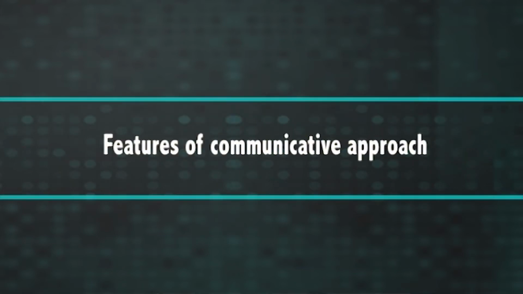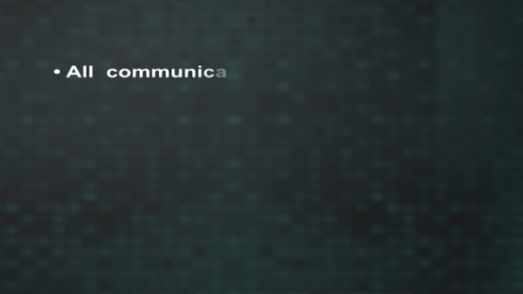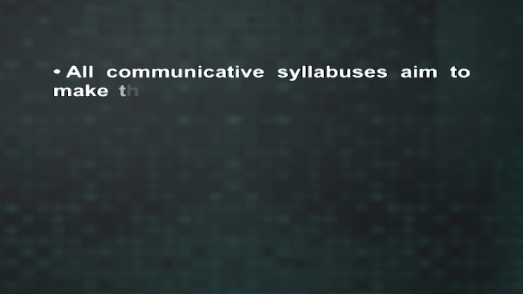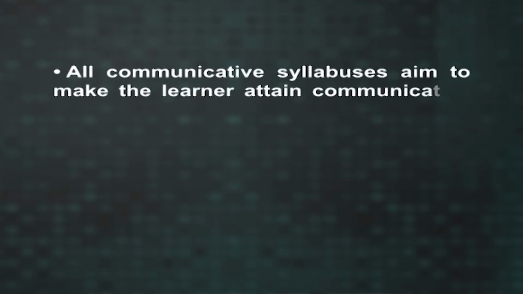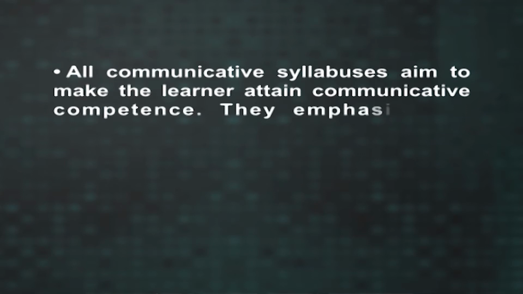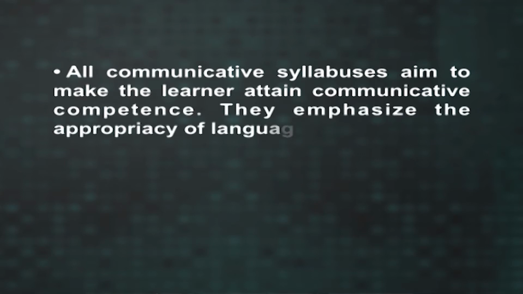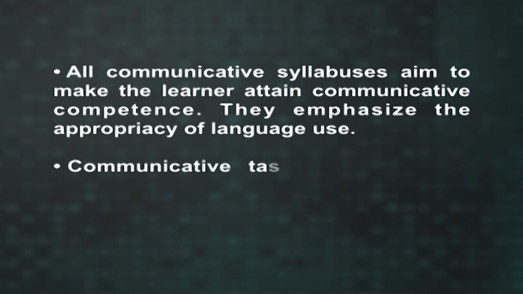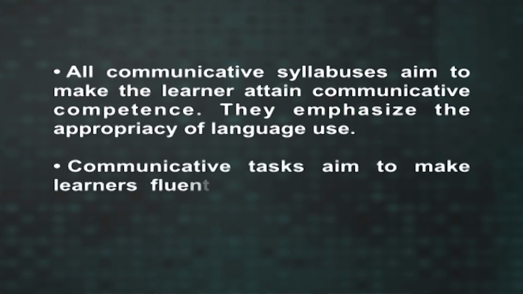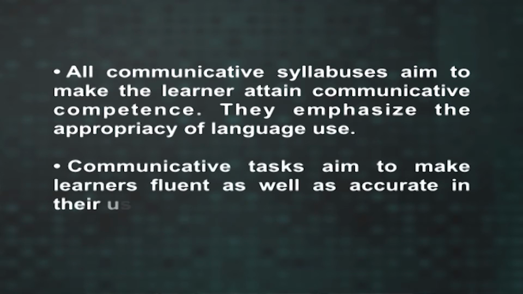Features of the communicative approach. All communicative syllabi aim to make the learner attain communicative competence. They emphasize the appropriacy of language use. Communicative tasks aim to make learners fluent as well as accurate in their use of the target language.